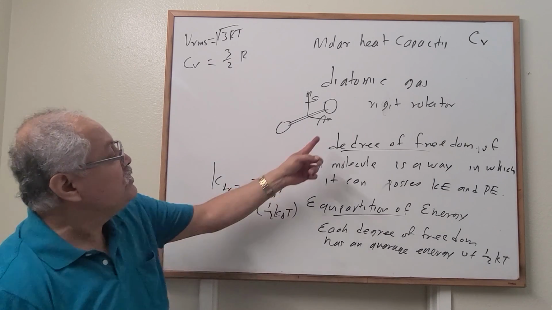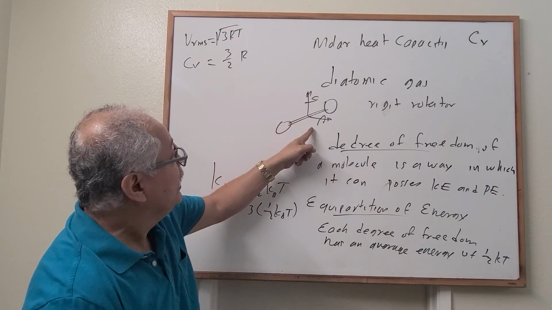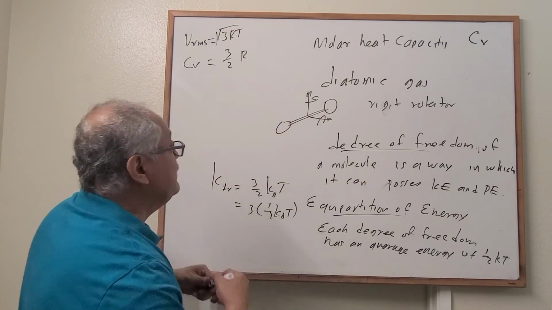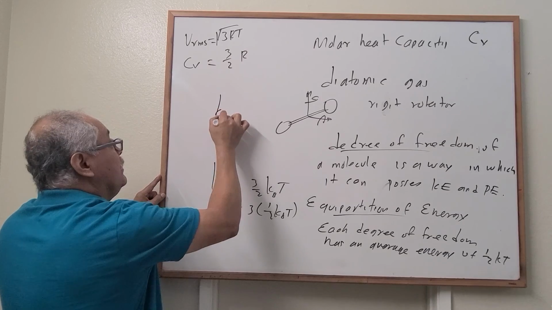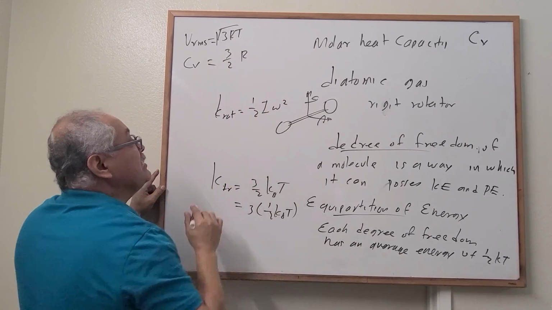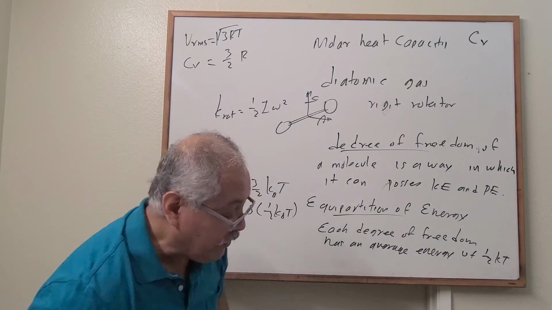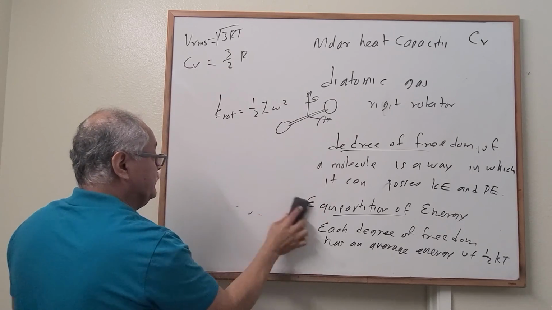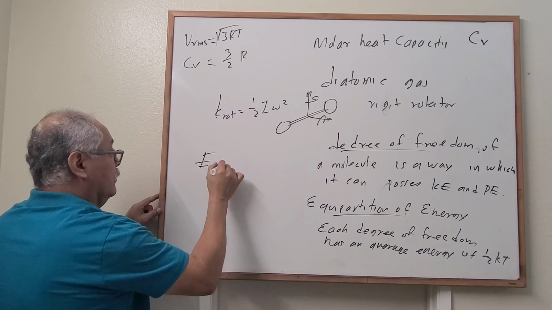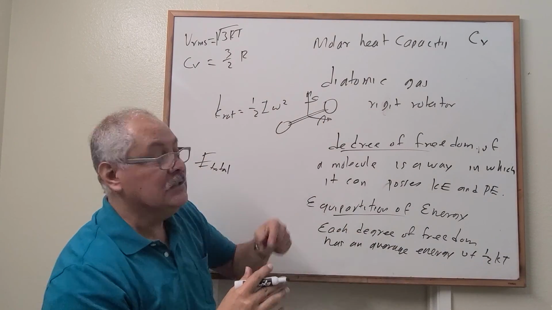Great. Now let's go to diatomic. In diatomic, we have to add two more energies. Remember, in this case, we have rotational energy, which equals 1/2 moment of inertia omega squared. So what should be the total energy? Later this is called internal energy, but in this chapter it is just called energy.